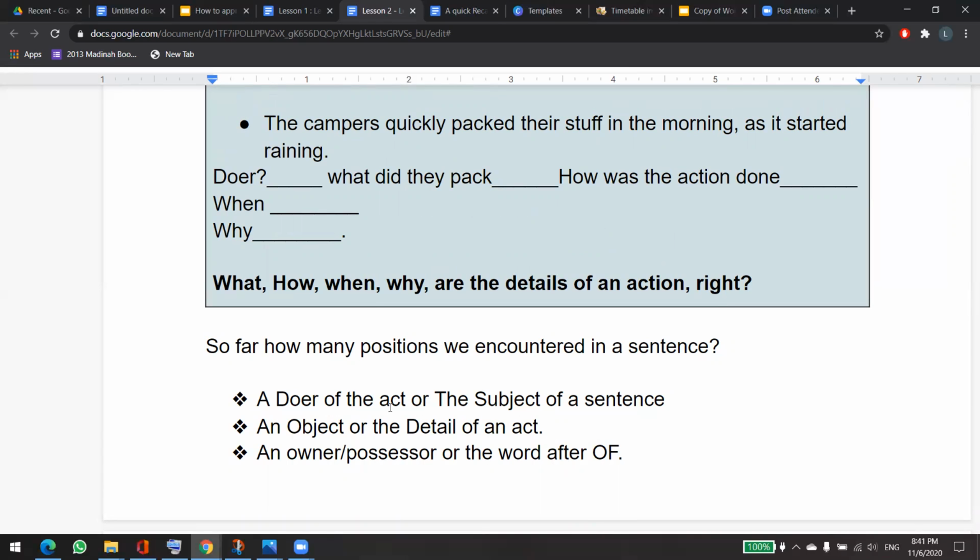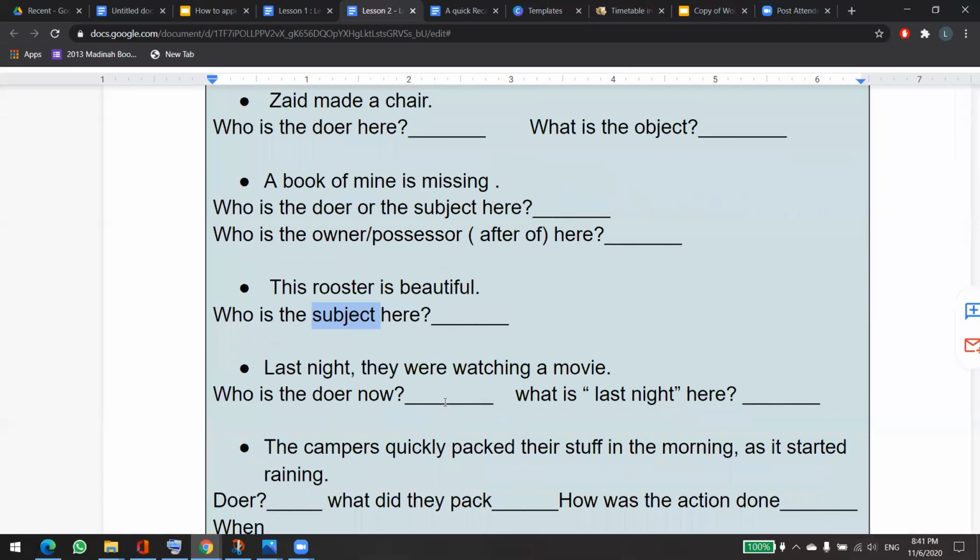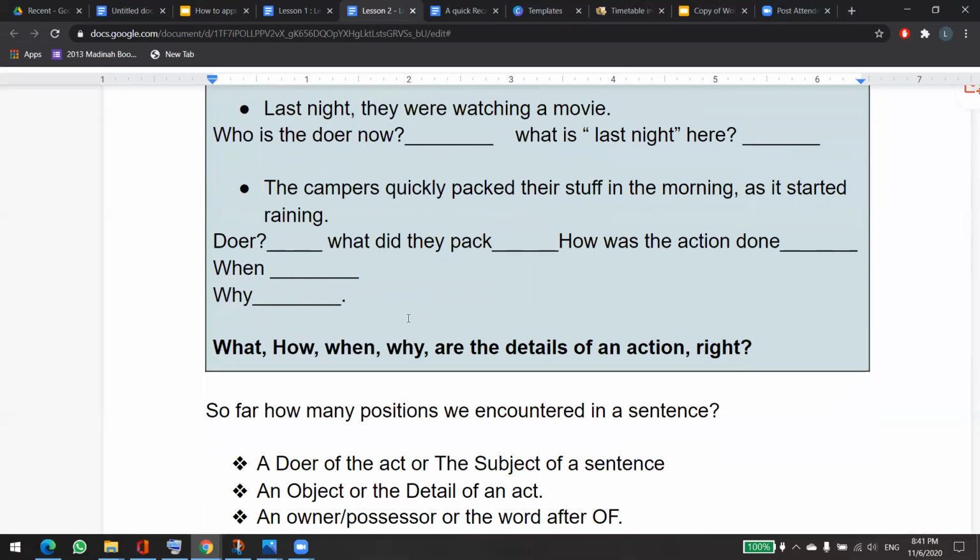Doer of the act. Remember, in this sentence action is not there. But if action is not there, then the sentence is about some ism, and that word is the subject. So if action is there, the doer of the act, or if action is not there, then the subject of a sentence.